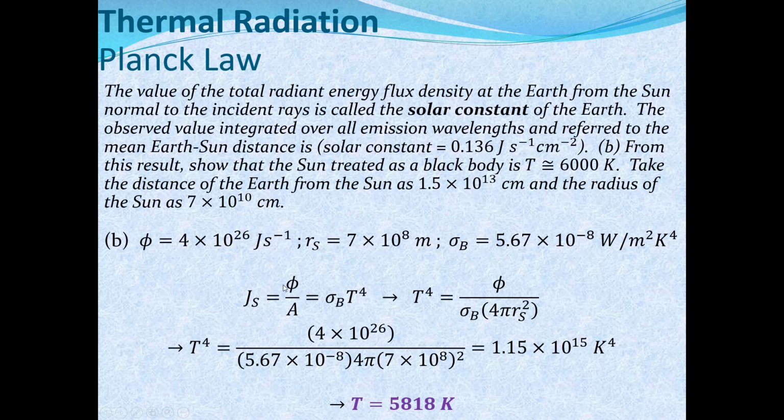So, for example, we can use this with what we know about the energy flux density at the Earth caused by the sun to figure out the temperature at the sun, and then we can relate this back to figuring out what the energy flux density is at other locations around the solar system.